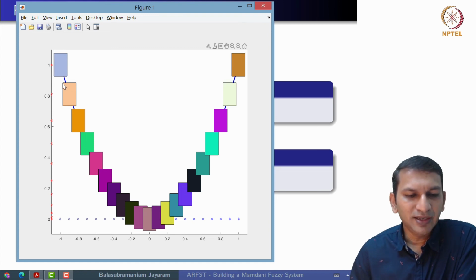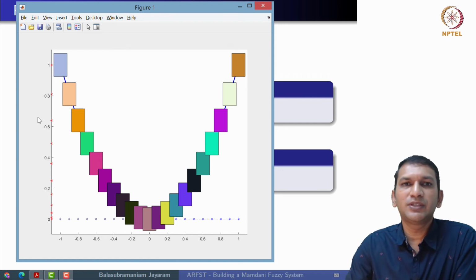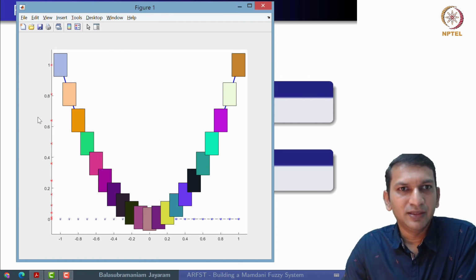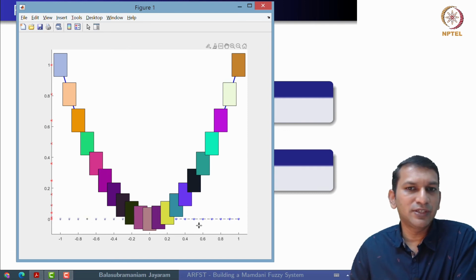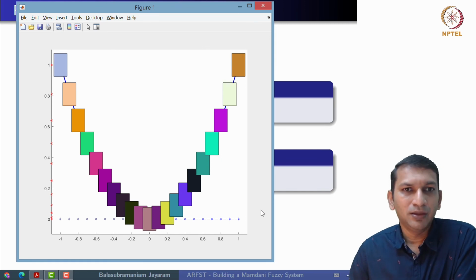Secondly, you see here the support of this fuzzy set centered around 0.81 is only from this point to this point, and you see that if you consider such fuzzy sets, they will not form a fuzzy covering on y. We have seen that we have insisted only on a fuzzy covering on x to call it a complete rule base.